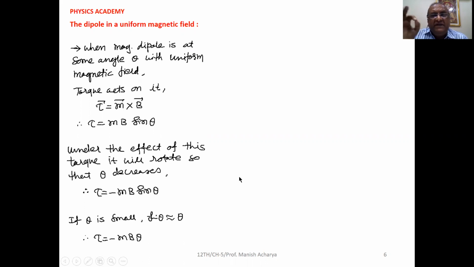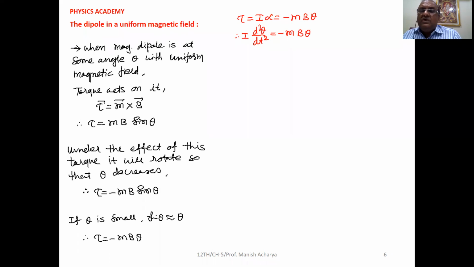Now, if theta is very small, then sine theta is nearly equal to theta. So we can write tau equal to minus MB theta. Now in standard 11th, we studied that torque tau is equal to I alpha, where I is the moment of inertia and alpha is the angular acceleration. So tau equals I alpha equals minus MB theta.